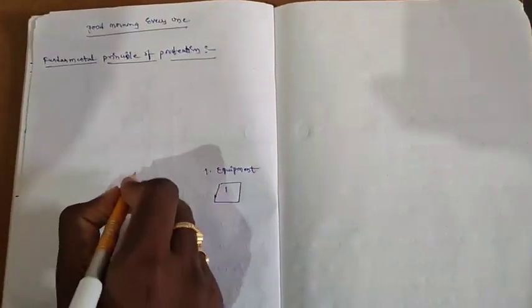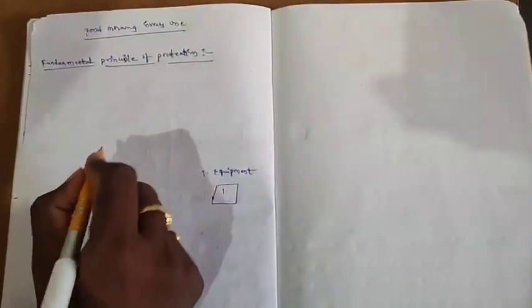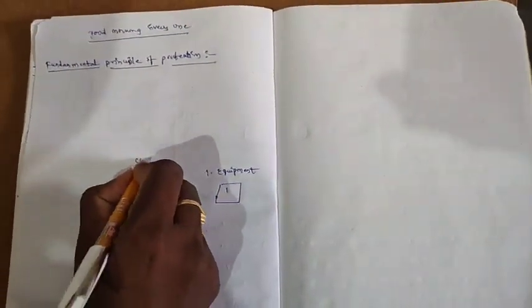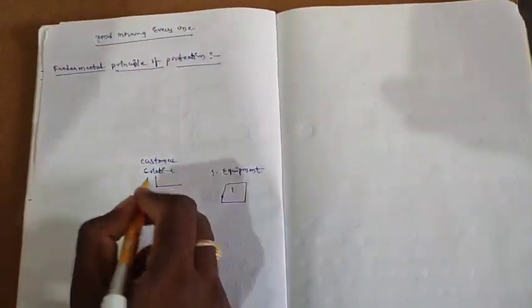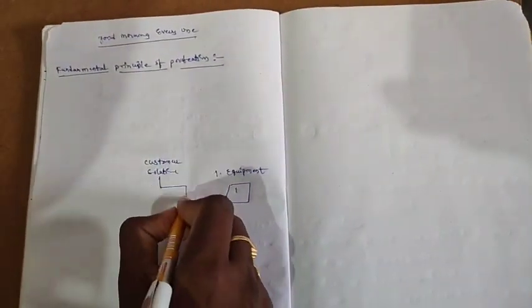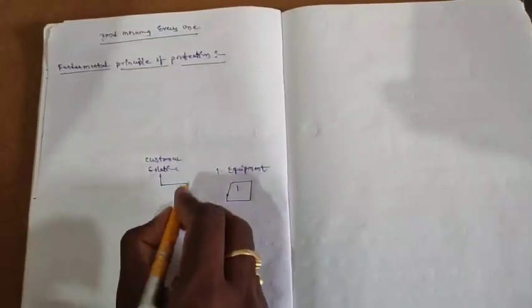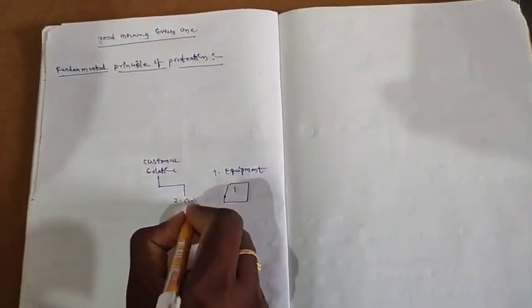What are the solutions from the equipment? Next, control protection, that means customer solution.